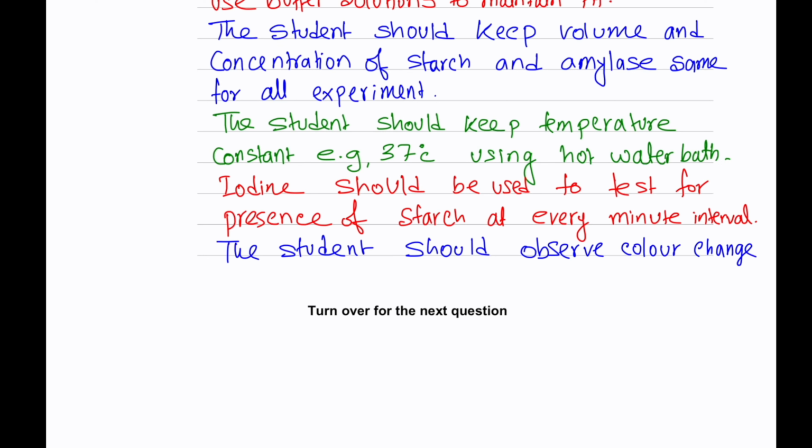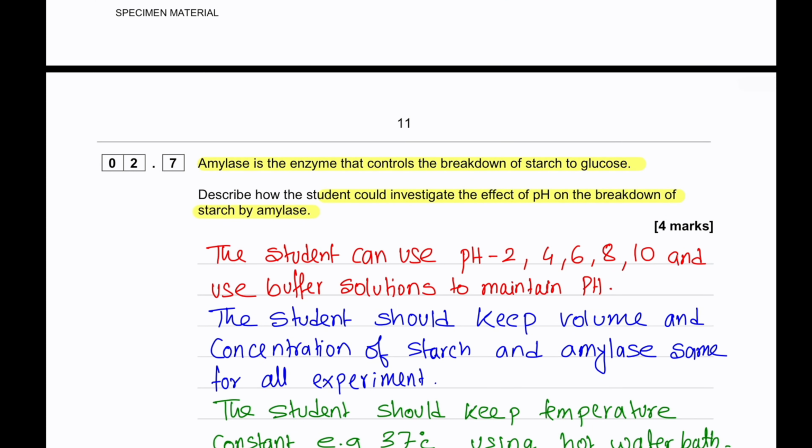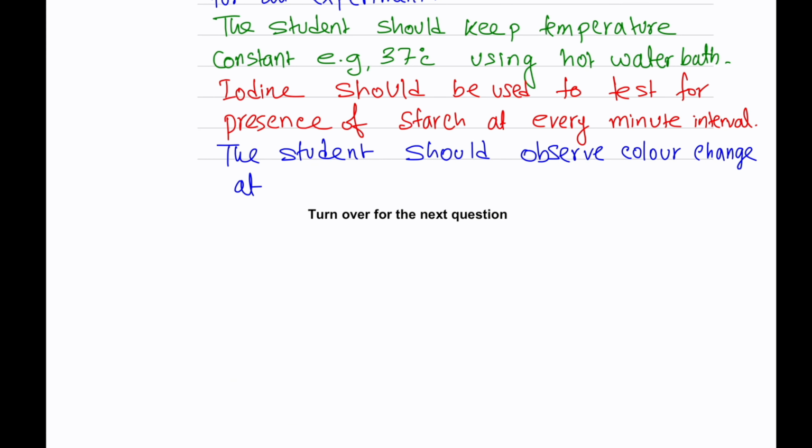If we test the solution, if we take at an interval, like every minute, a drop of that particular solution from the test and then put it in iodine, and we see that there is a blue-black color that will indicate the presence of starch, then what we're going to do is that we are going to observe the color changes at different pH, all right?